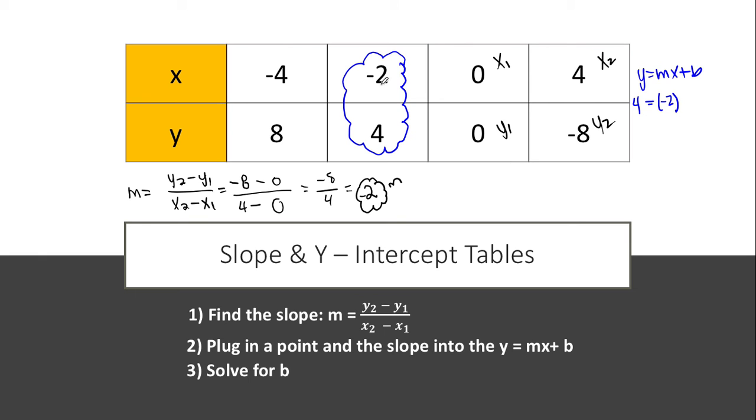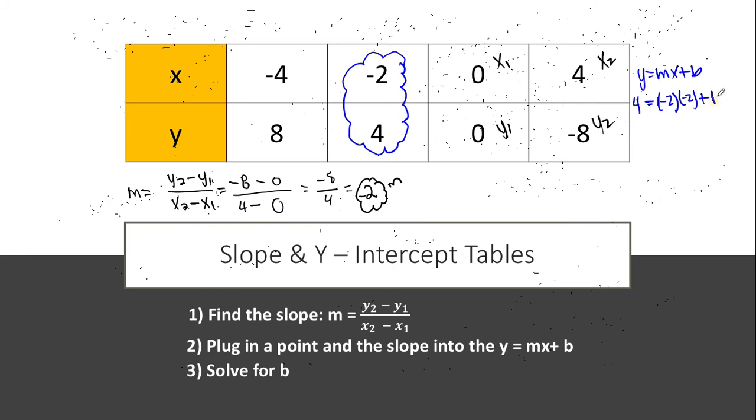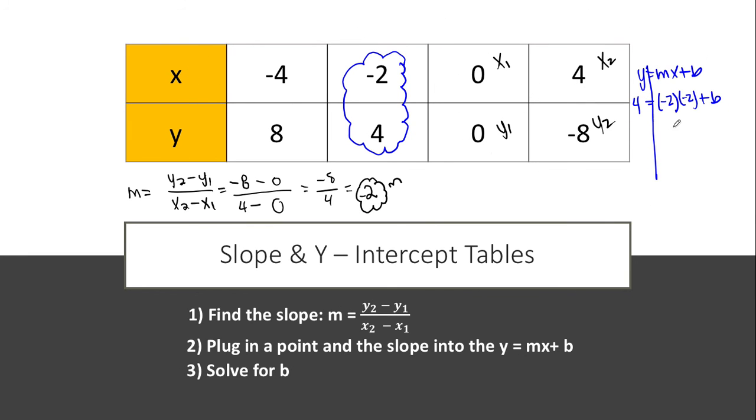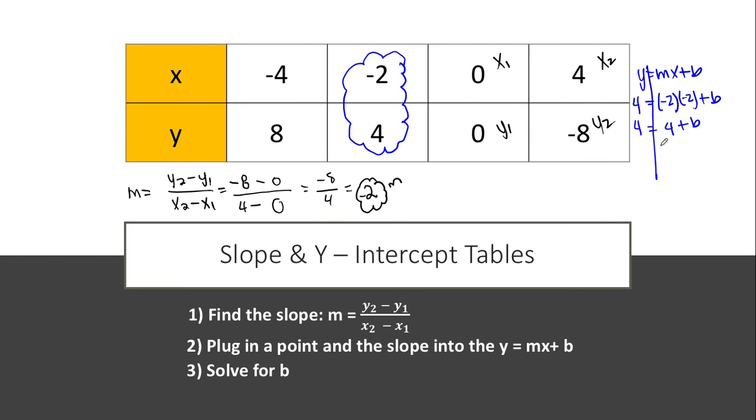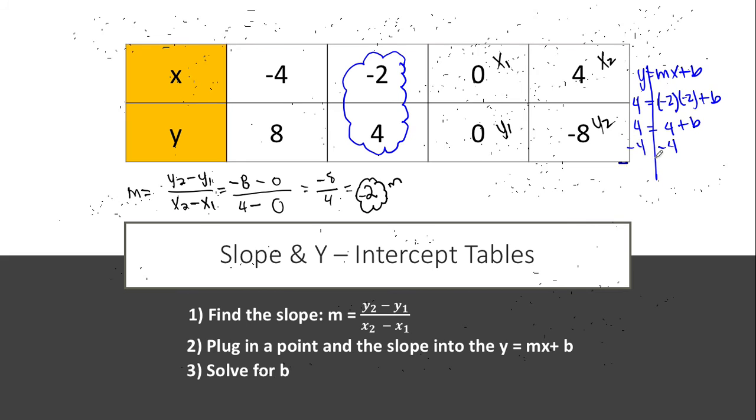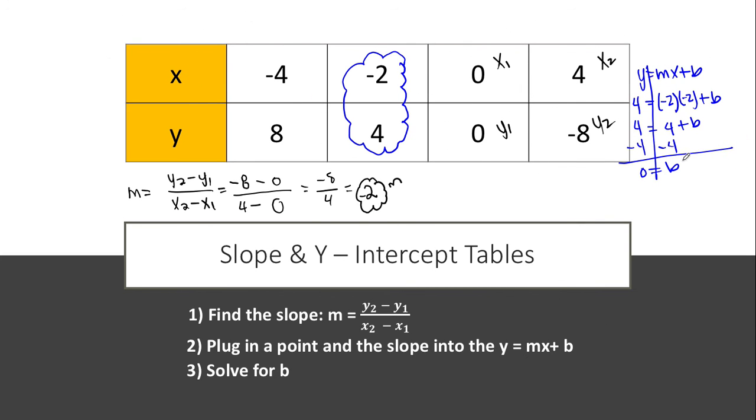What is the x value I chose? Negative 2, plus b. Negative 2 times negative 2 is 4, so 4 equals 4 plus b. How do I get rid of this 4? Subtract 4 from both sides. 4 minus 4 is 0. So my y-intercept is 0.